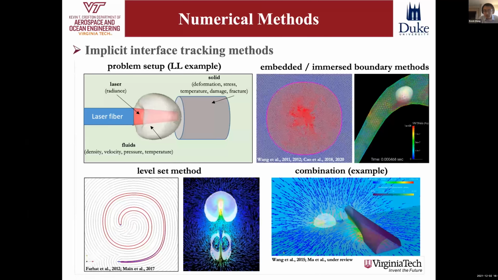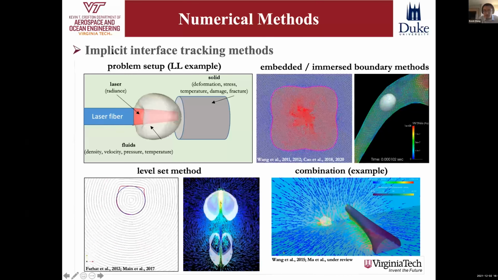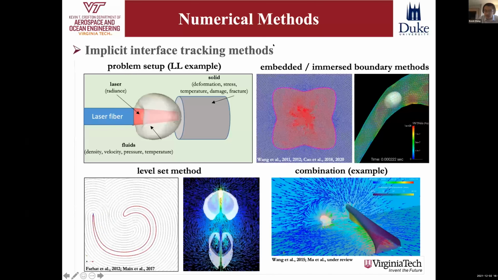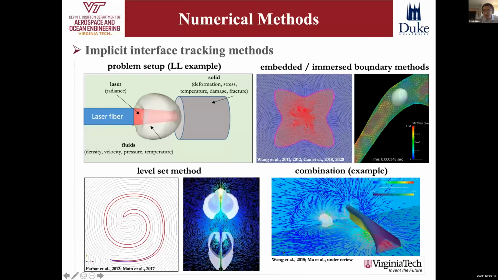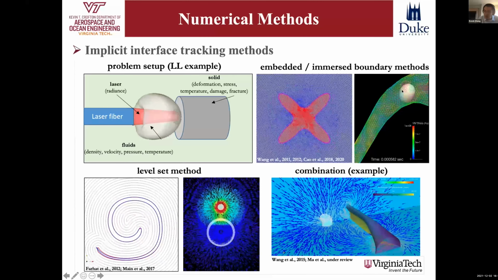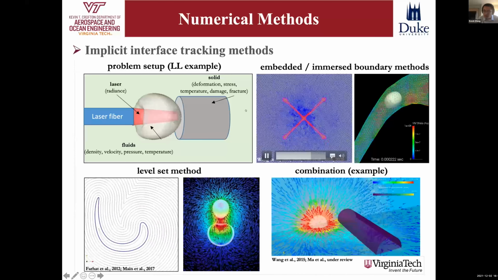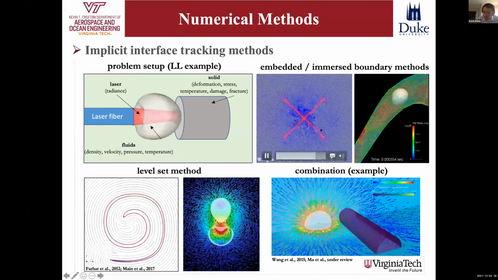Some of our work has been focused on the development and use of implicit interface tracking methods. For example, we use the embedded boundary method to track the boundary of a solid structure within a fixed background mesh.